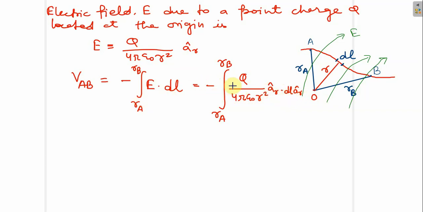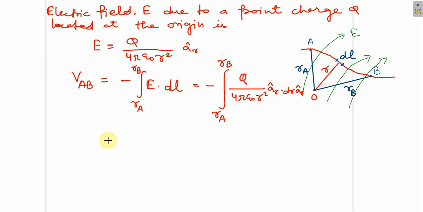So Q upon 4 pi epsilon 0 is constant, and 1 upon R square undergoes the integration with respect to R.